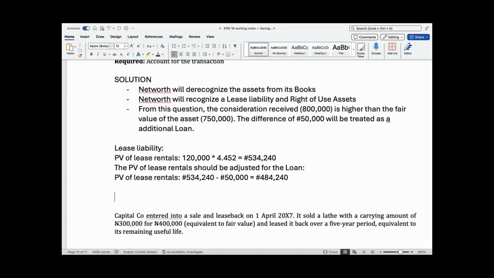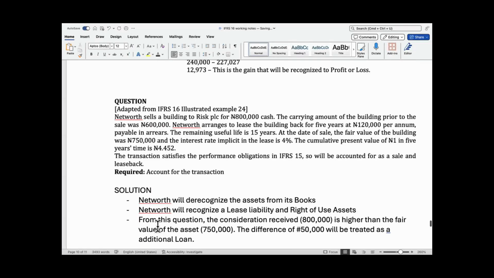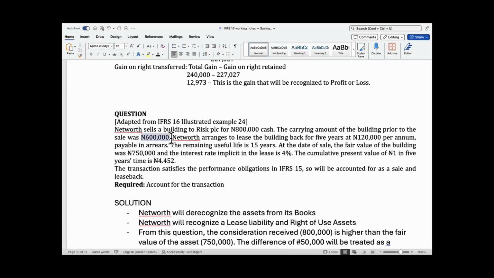And one of the calculations it will affect is my right of use assets. And my right of use asset, we said we will calculate it as the previous carrying amount times the PV of lease rental or discounted lease payments divided by the fair value of the assets. The previous carrying amount of this asset was 600,000.